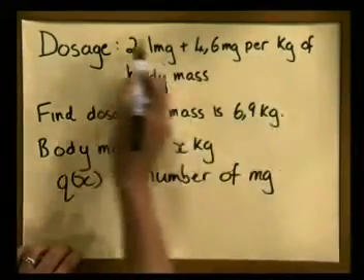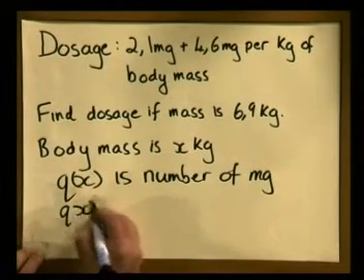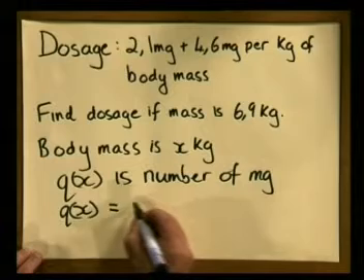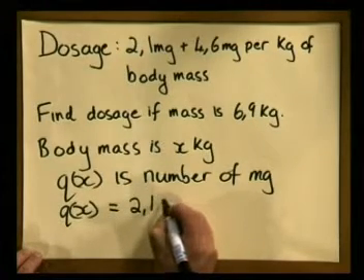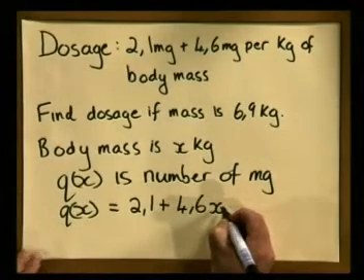So using the information we have been given, we can say that Q of X is equal to 2,1 plus 4,6 multiplied by the body mass, which we know is X. Remember that function notation helps us to write things simply and clearly.